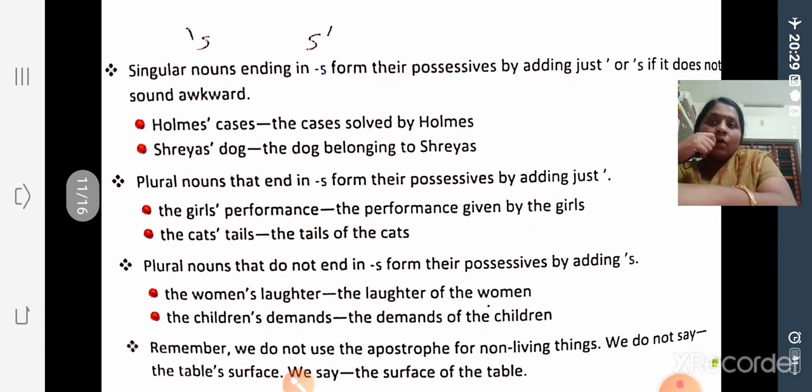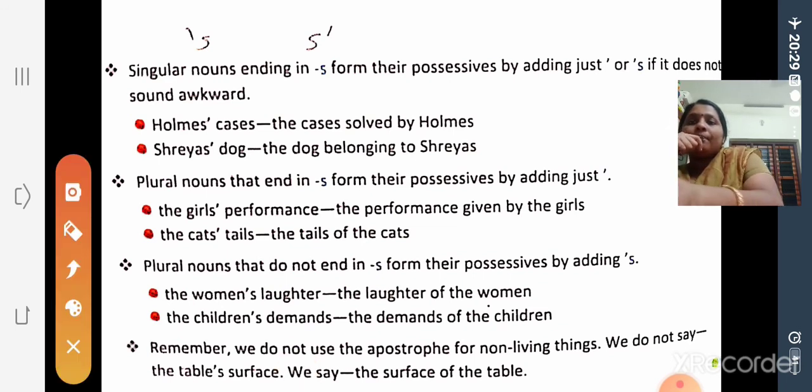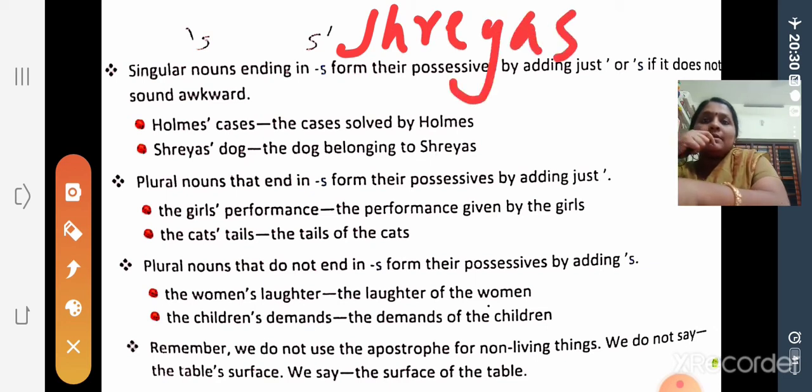Shreyas is a singular noun, but it ends with the letter s. Sometimes we add just an apostrophe to make it possessive case. We don't have to add apostrophe s because it sounds awkward. Shreyas', like that it will become.